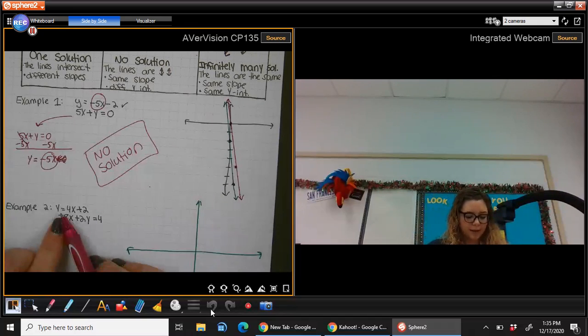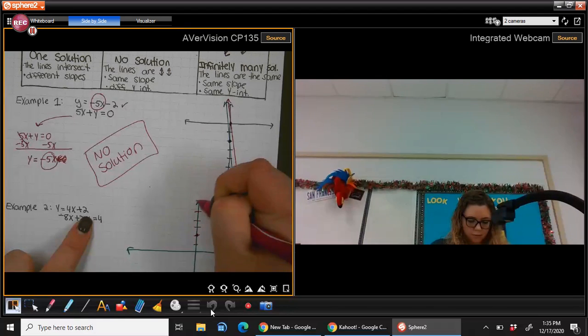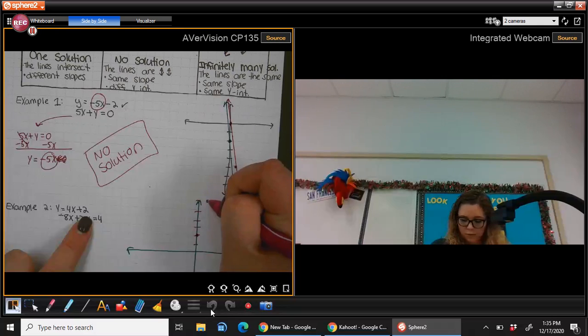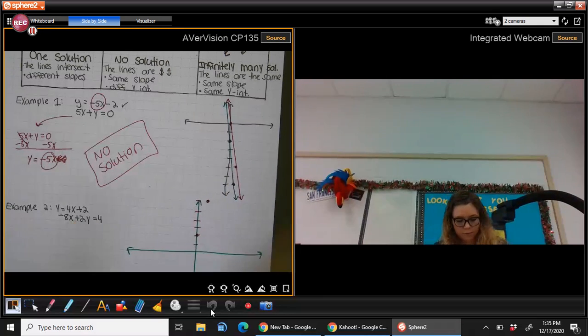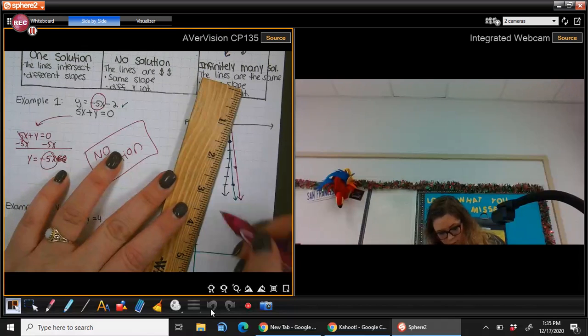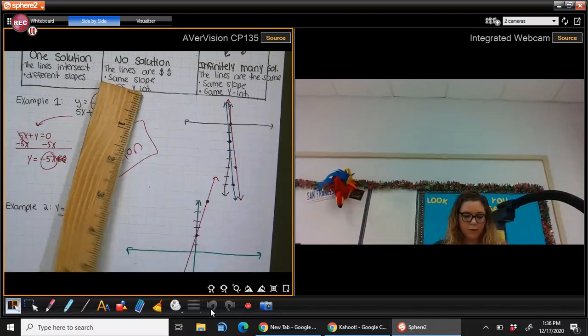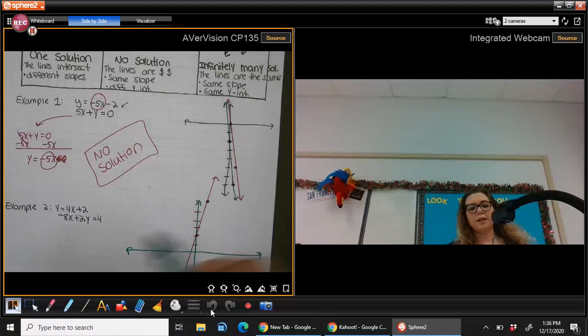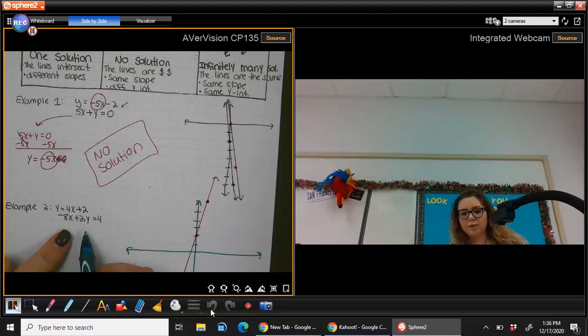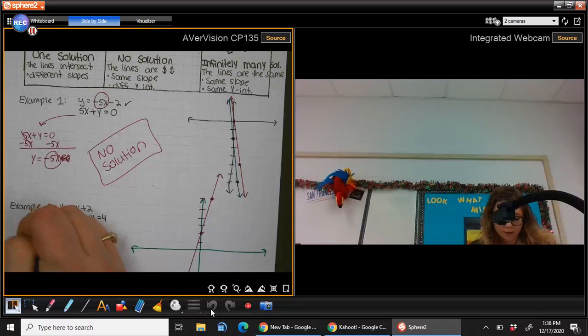Y is by itself, so I can go ahead and graph this one. Now let's do this next one. This time this is not in slope-intercept form. Your y is not by itself, so we have to put it into slope-intercept form.